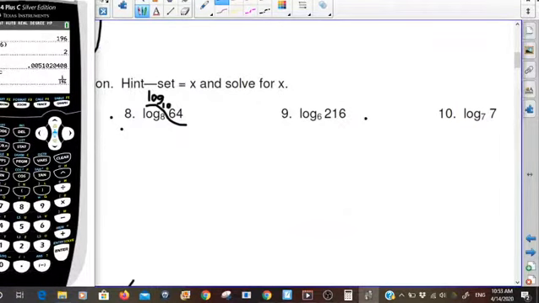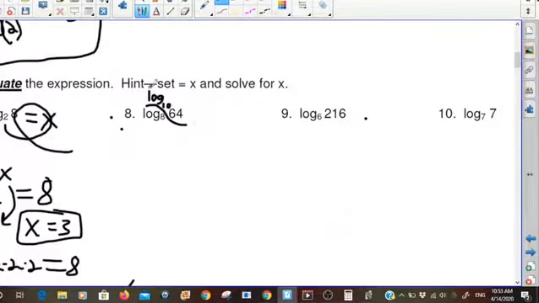Awesome. Okay, so then it's log base 10 of 64, and then log base 10 of 8. So we're taking the 64 and the 8 and putting them at the end of log base 10. And then we're going to do a division symbol. Remember, you set it equal to x first.